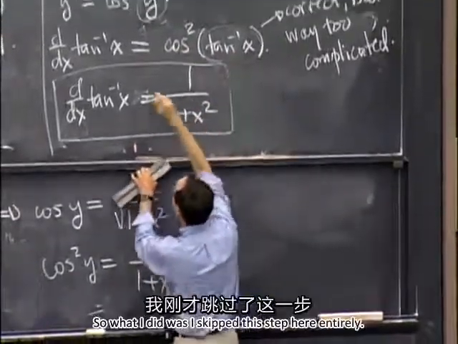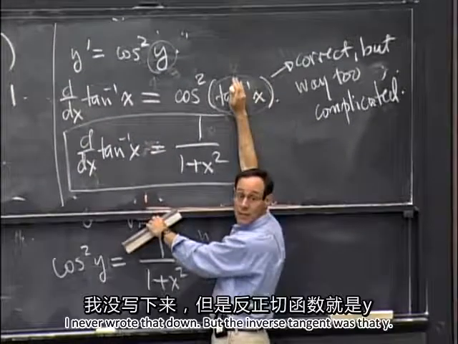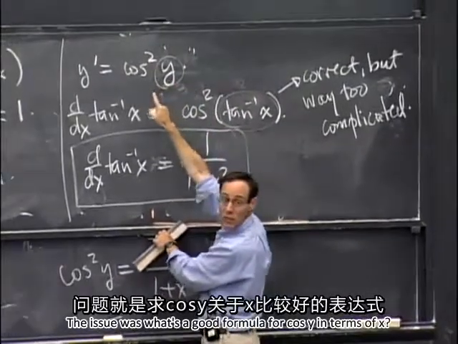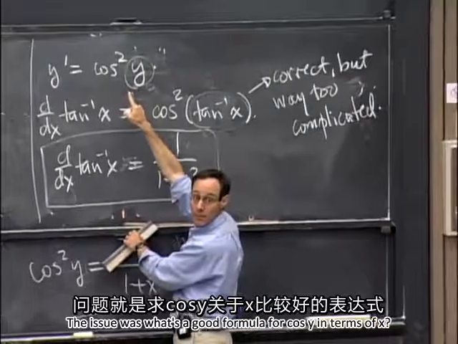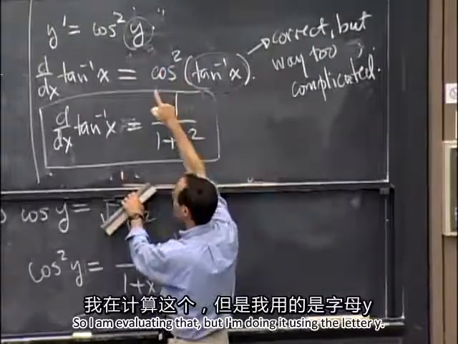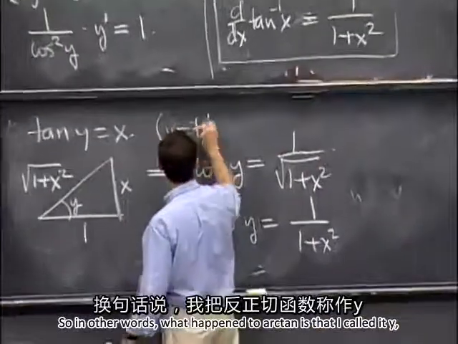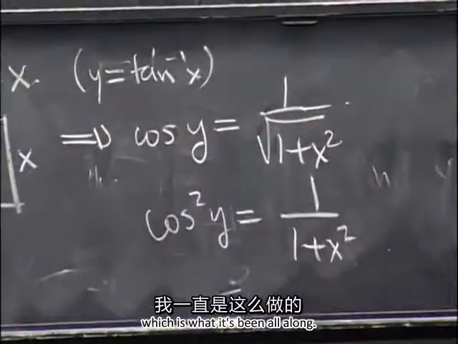So what I did was I skipped this step here entirely. I never wrote that down, but the inverse tangent was that y. The issue was, what's a good formula for cosine y in terms of x? So I am evaluating that, but I'm doing it using the letter y. So in other words, what happened to the inverse tangent is that I called it y, which is what it's been all along.